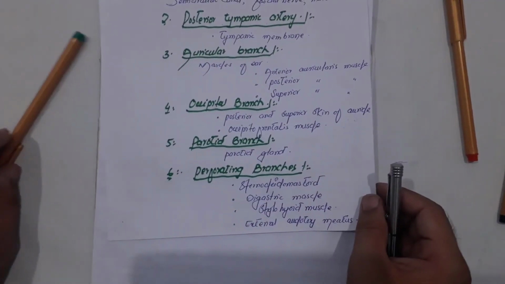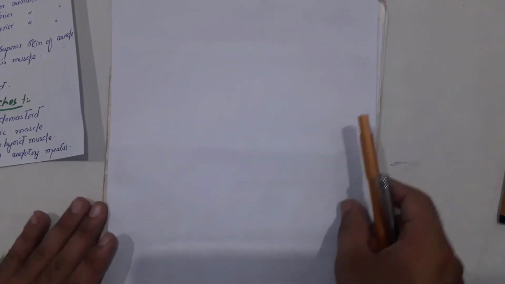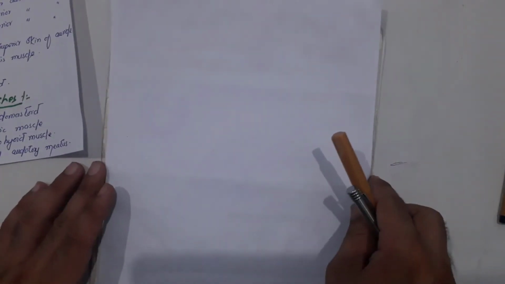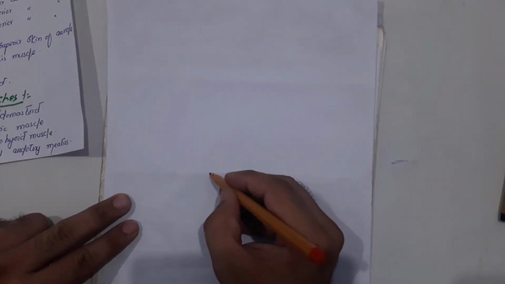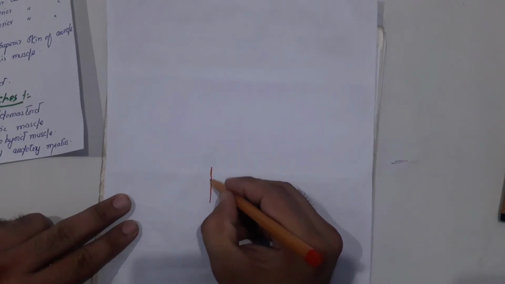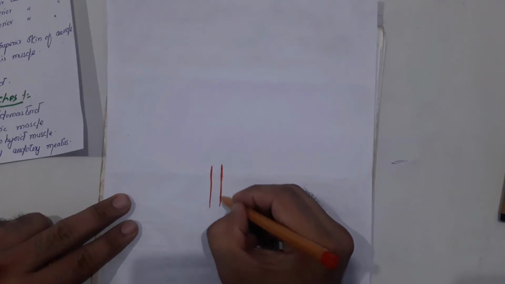Right, now let me draw the diagram of this artery, and we will see how this artery and what are its branches. So first of all, let me draw here our external carotid artery, right?